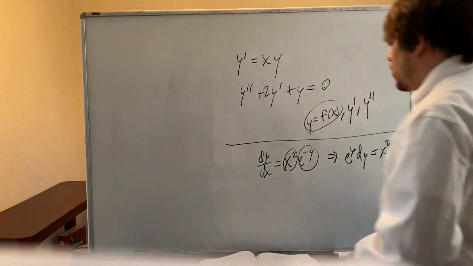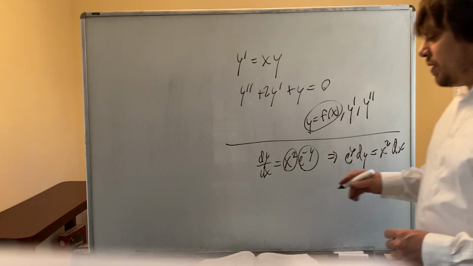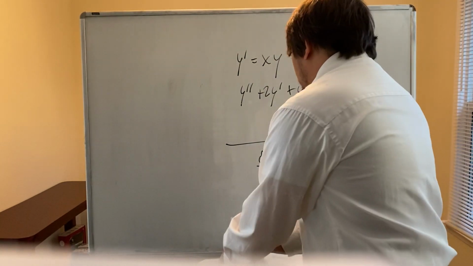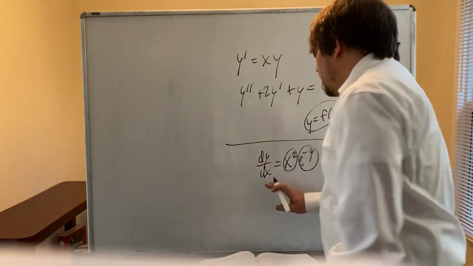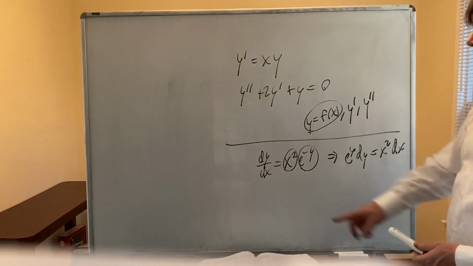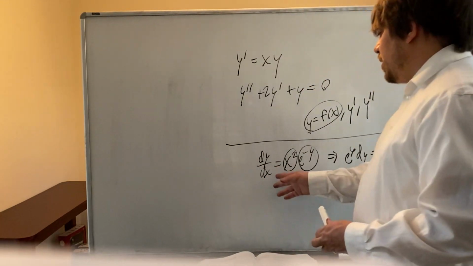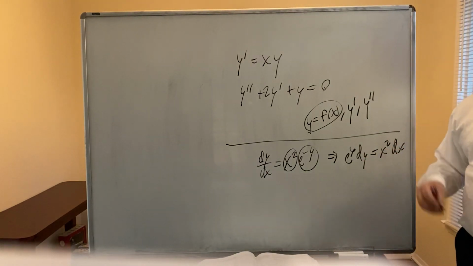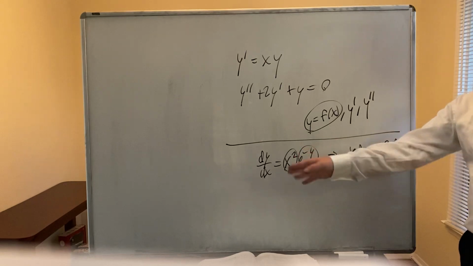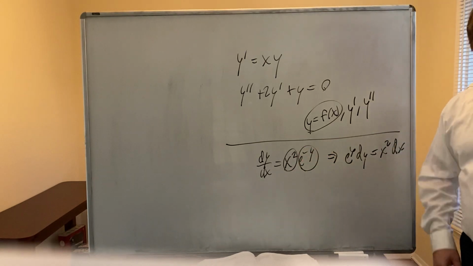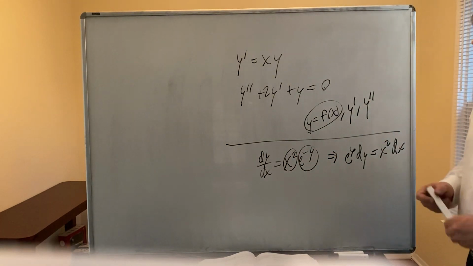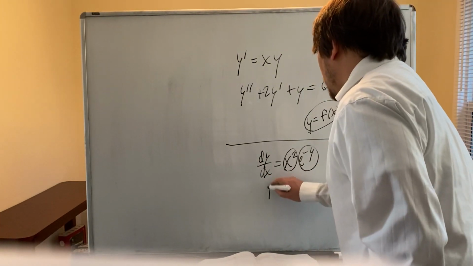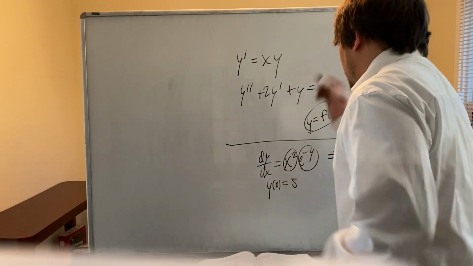Right? Another type of differential equation problem we solved was an initial value problem, where we're given some initial value condition, and we need to find not a general solution of the differential equation, but a particular solution that satisfies our initial condition. That's called an initial value problem. So again, if you're given a differential equation and some initial condition, like y of 0 is equal to 5, right?